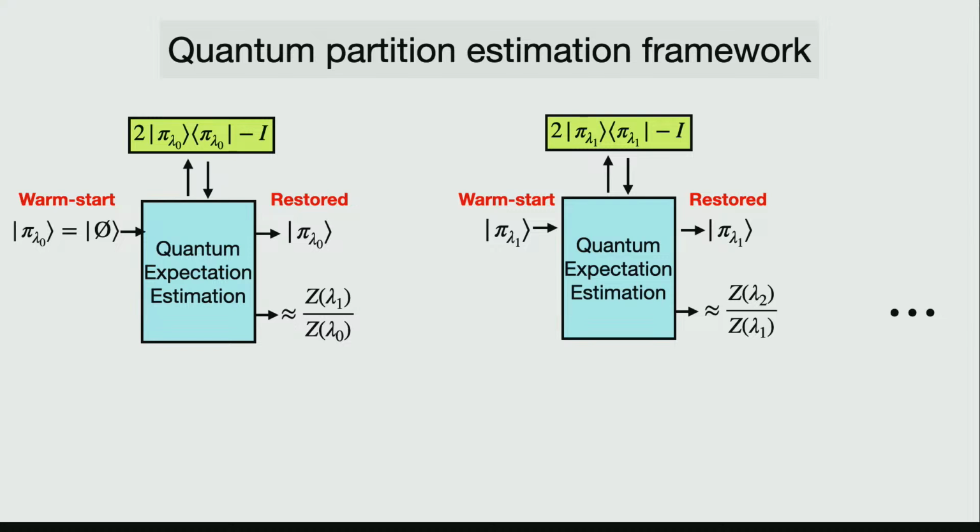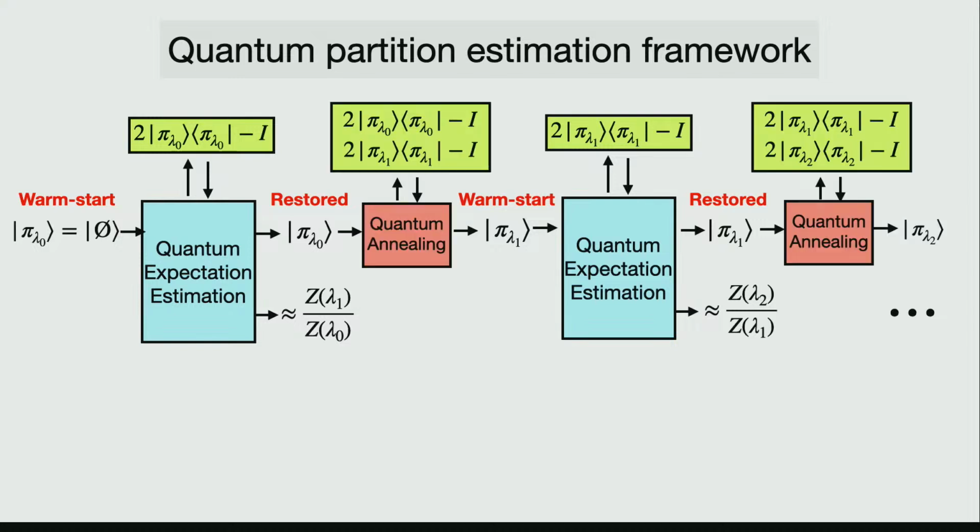So why is this ability of restoring a copy of the Gibbs state useful? Well, if you know how to do that, you can apply quantum annealing to slowly change one Gibbs state to the next one just by using a few applications of the corresponding reflection operation.